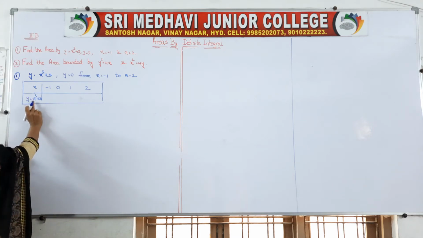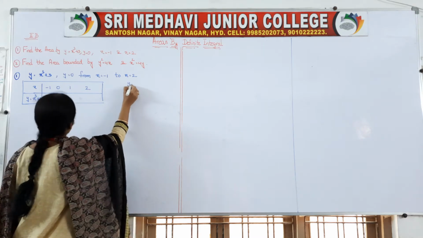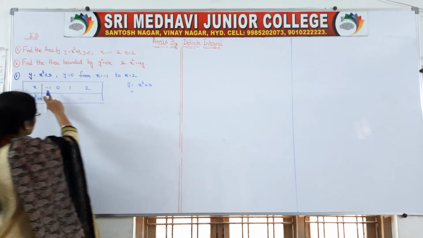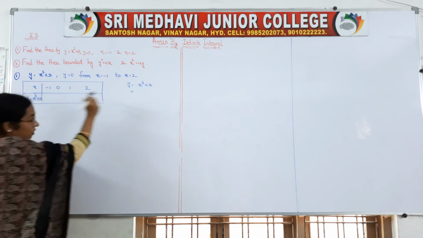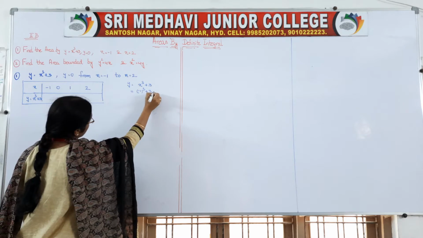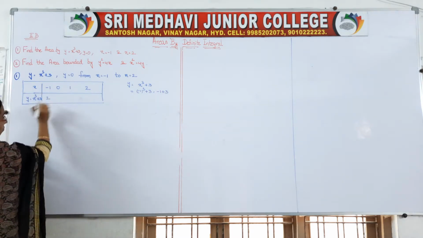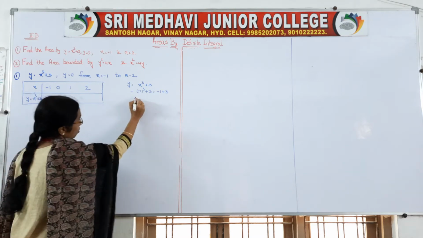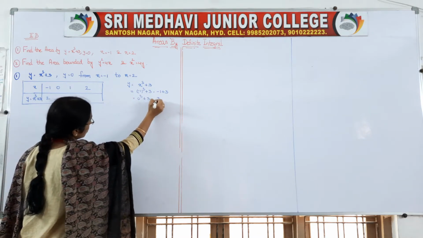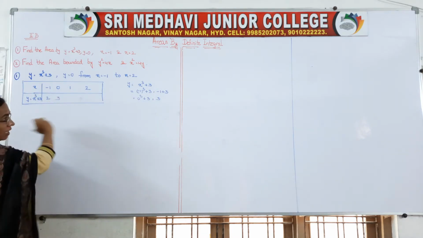Minus 1 whole cube is minus 1, right? See, y is equal to x cube plus 3. First you take in x place minus 1. So it is minus 1 whole cube plus 3. Minus 1 plus 3, that is 2. Next 0, right? 0 cube plus 3, 0 plus 3 is 3, right?